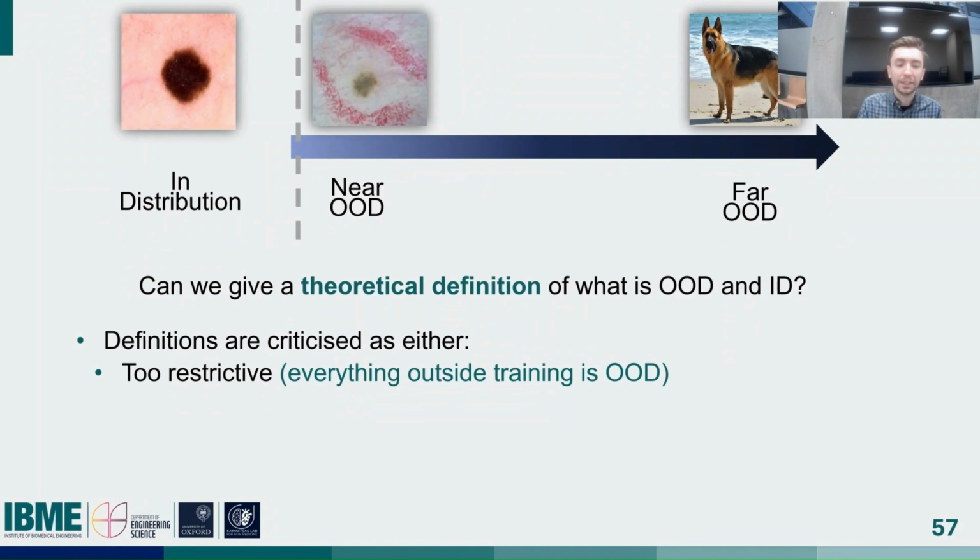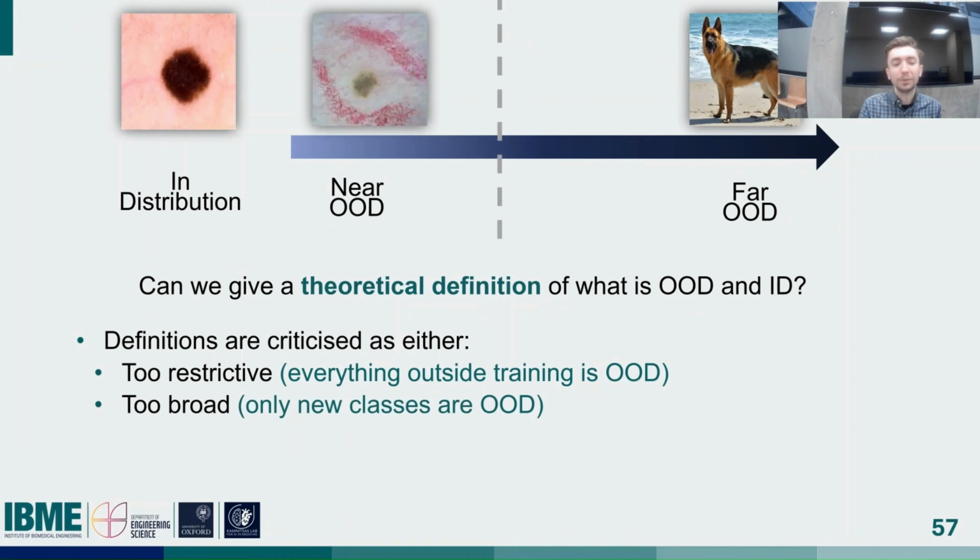So definitions are either criticized as being too restrictive, so saying everything outside the training data is out of distribution, or definitions can be criticized for being too broad, for saying only new classes are out of distribution, for example.